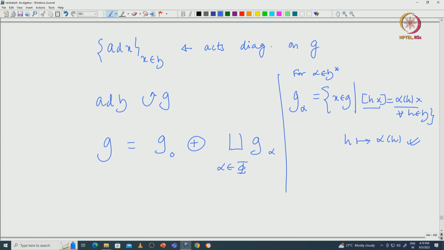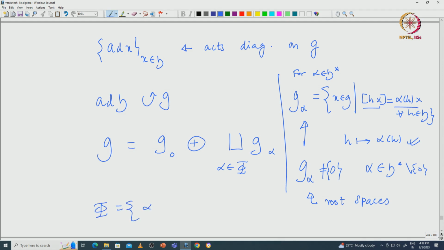These spaces that we consider, these G alphas, are called root spaces, whenever G alpha is non-zero and for those alpha in H star different from 0. We collect the set of roots and call it capital phi. What is capital phi?